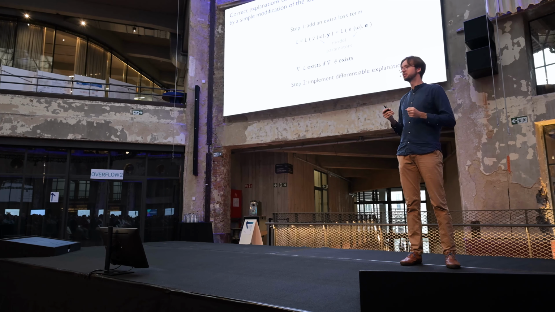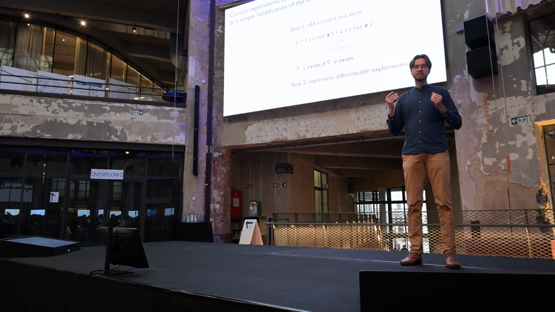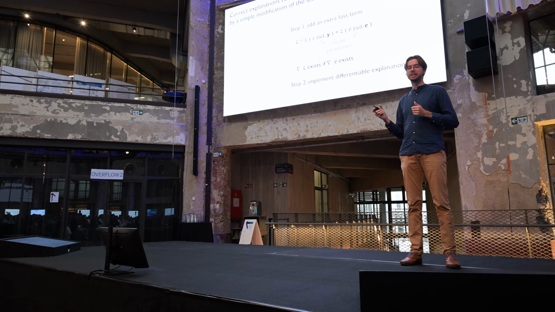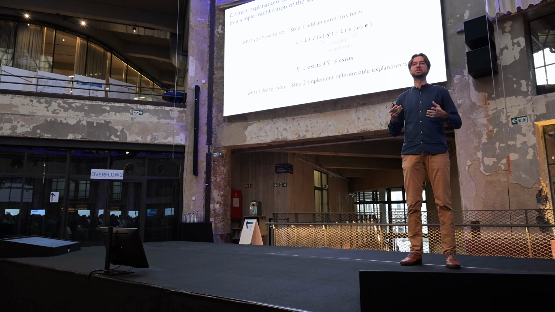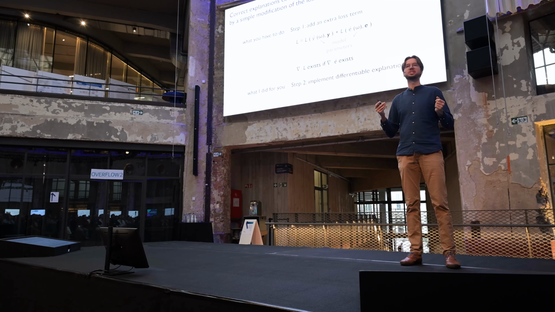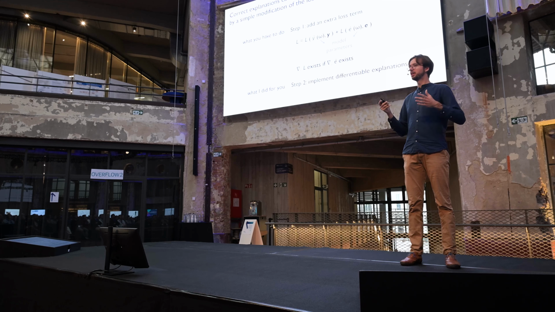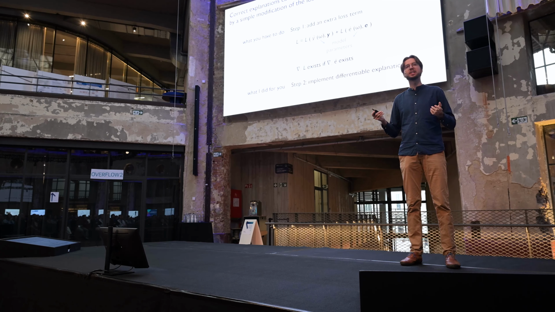We have to implement differentiable explanations. Now, this is a bit more difficult, but luckily, I did this for you, and you can use it. What you still have to do to use this approach is add an extra loss function in your model optimization setup. Now, this all makes sense in theory, but does it also work in practice?